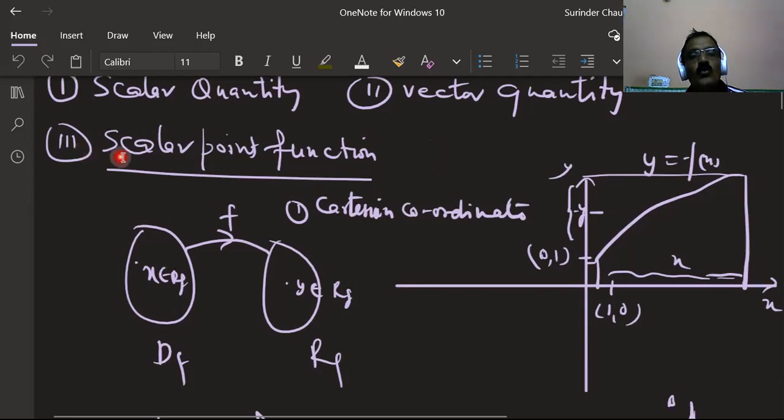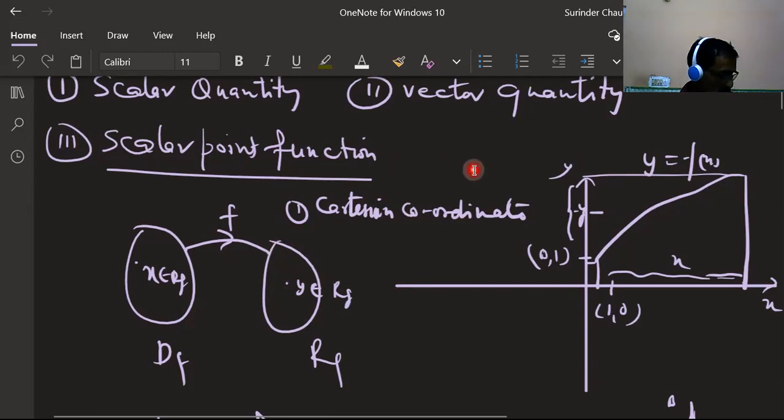All those functions we studied in first year differential calculus were scalar point functions, or scalar functions. We studied their domain, their range, their oneness, ontoness, and other things.